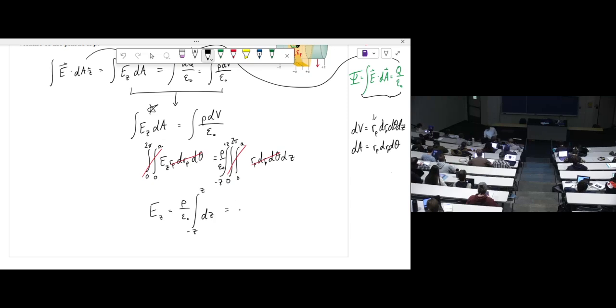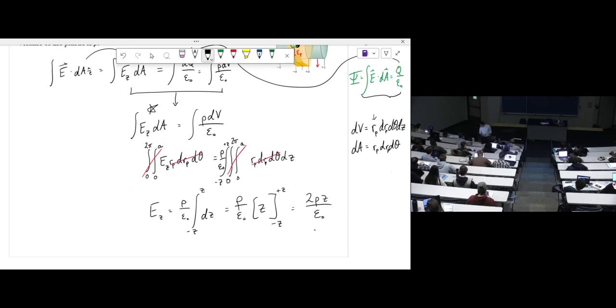Or that's equal to rho over epsilon naught times z evaluated at minus z and plus z, or that's equal to 2 rho z over epsilon naught.